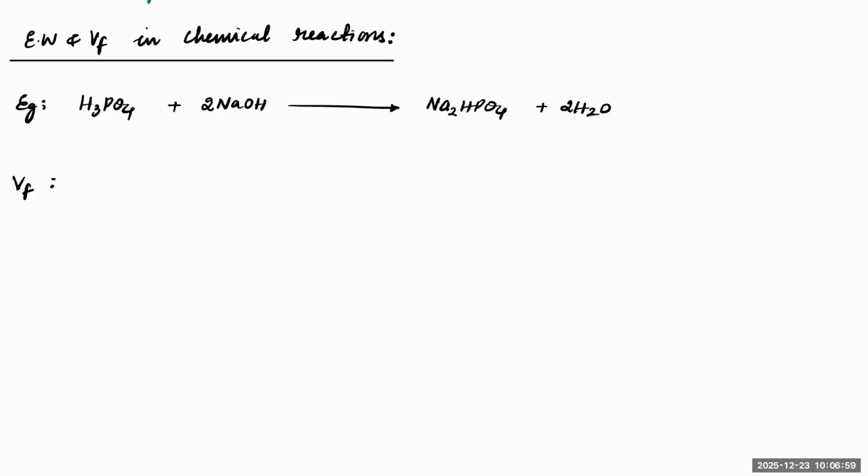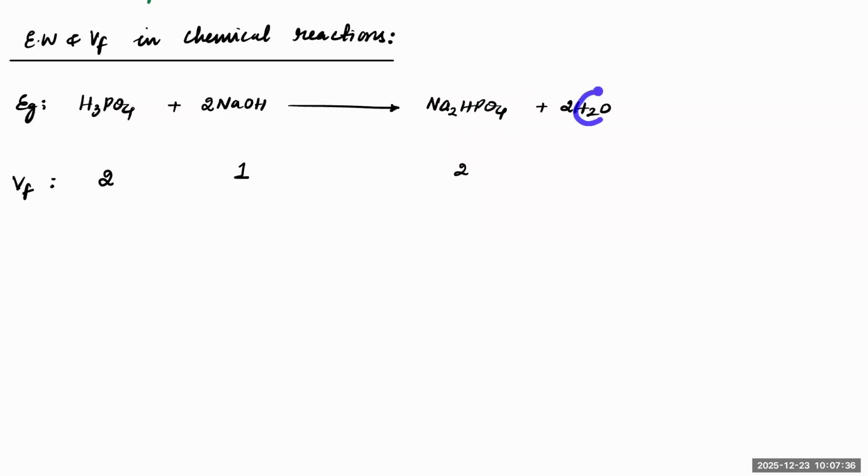Since it has only given two of them, we will write it as 2. Here in NaOH, every one molecule of NaOH is consuming one H plus, and that means it is giving away one OH minus. So it is 1 only. And this is a salt form now, right? So what is the charge on it? Total positive charge is +2, and HPO4 is -2. So based on total charge, the valency factor is 2.